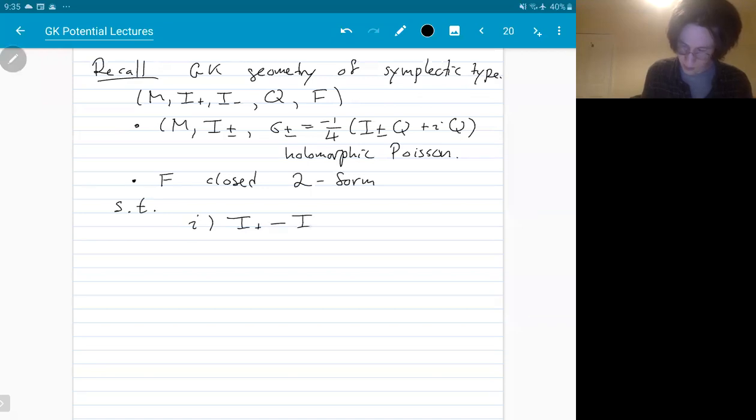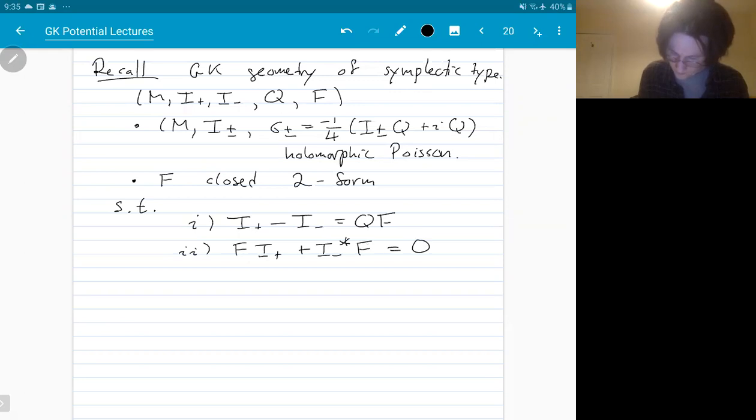One of them is that the difference of the two complex structures is measured by the Poisson structure and the two-form. And second, you have this joint (1,1) condition. So F is not really (1,1) for I plus or I minus. It's kind of split between the two. And this structure is possibly degenerate.